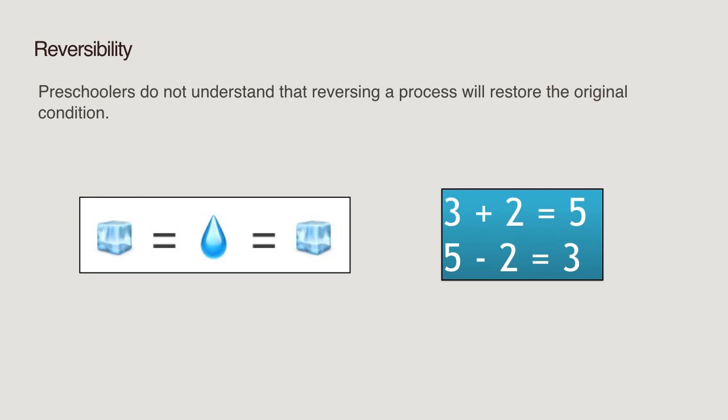So an ice cube can melt into water and become an ice cube again if it is frozen. They don't understand that 3 plus 2 equals 5 means 5 minus 2 would be 3. So this is the inability to reverse things and have the original state or condition restored.